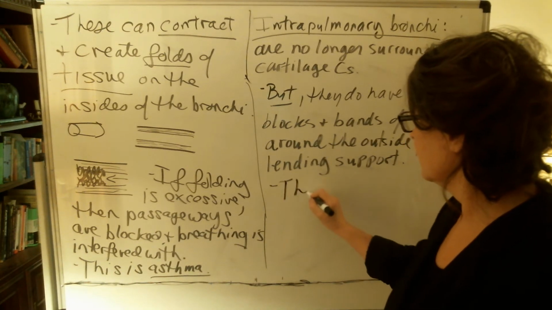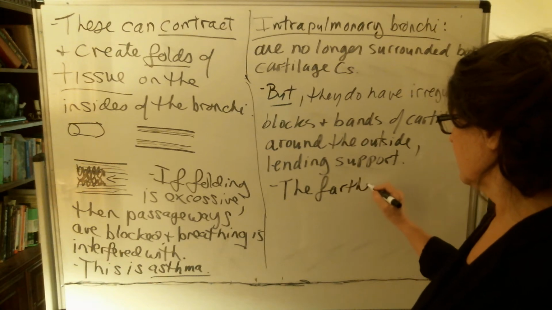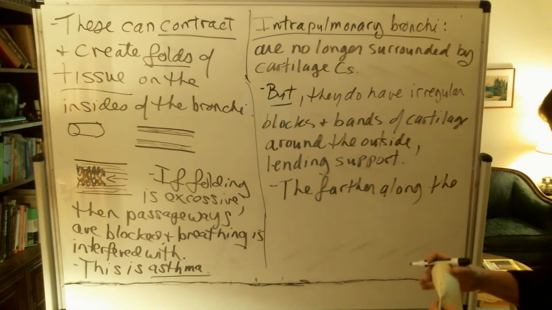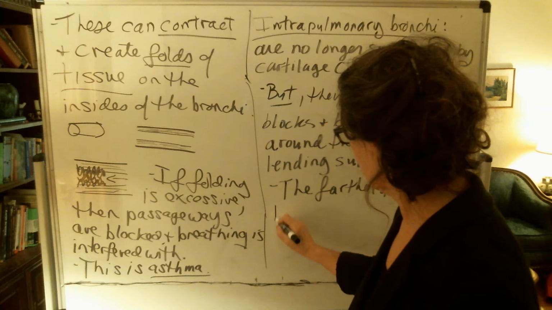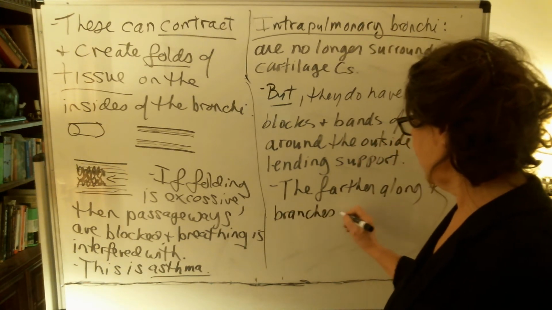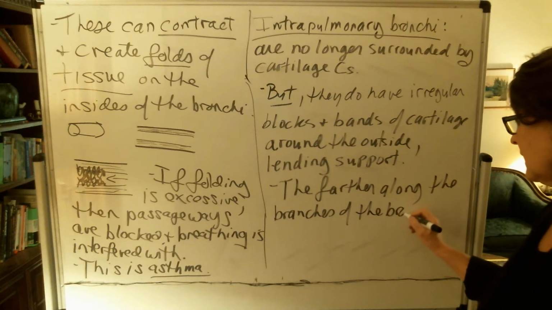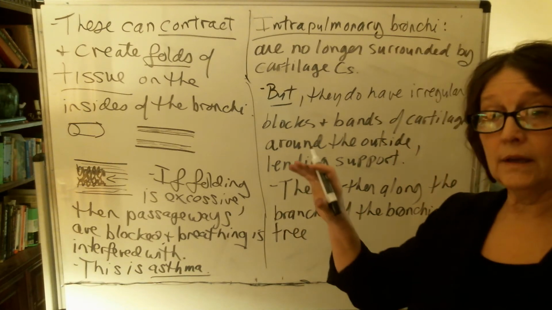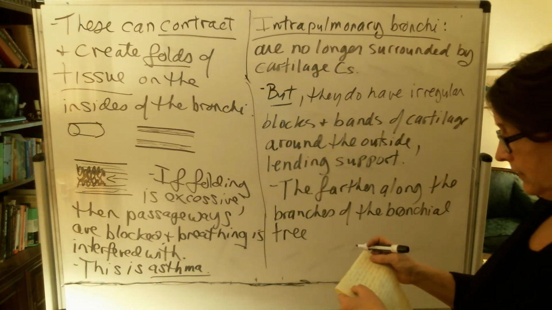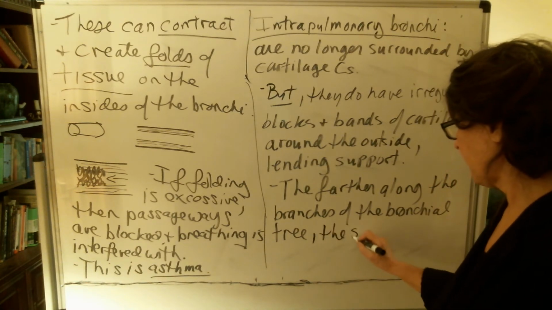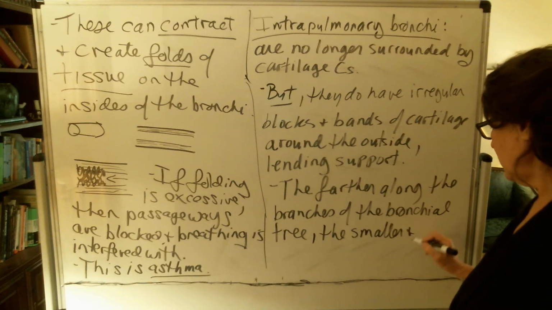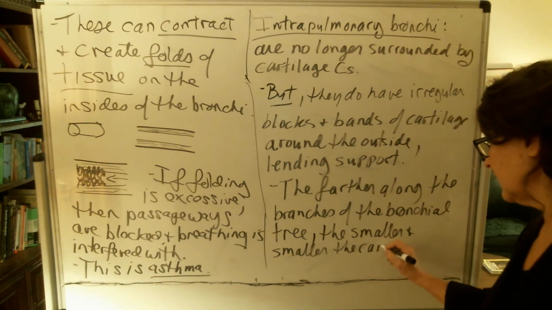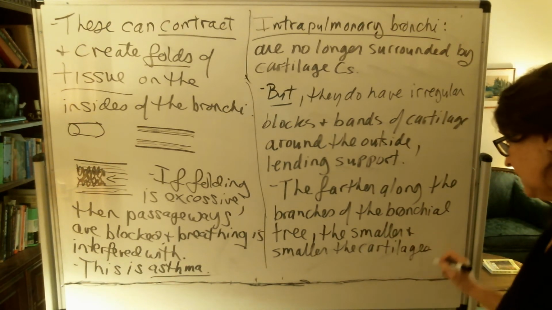And then the farther along the branches of the bronchial tree, so the further along you go into the smaller and smaller branches of the bronchial tree, the smaller and smaller the cartilages become.